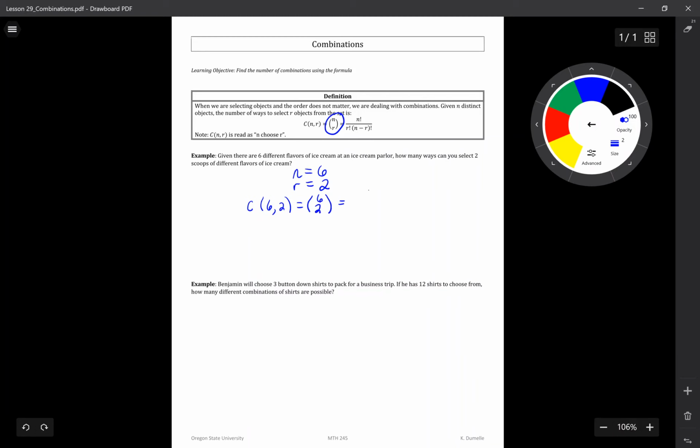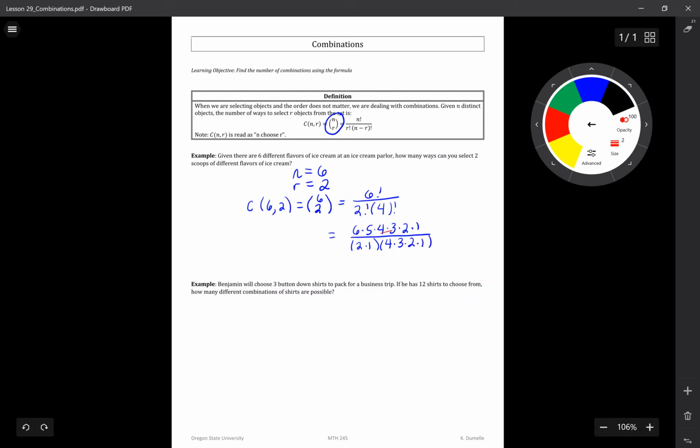This is equal to 6 factorial over R factorial times n minus R, which is 4 factorial. So I have 6 times 5 times 4 times 3 times 2 times 1 over 2 factorial, which is 2 times 1, times 4 factorial, which is 4 times 3 times 2 times 1.